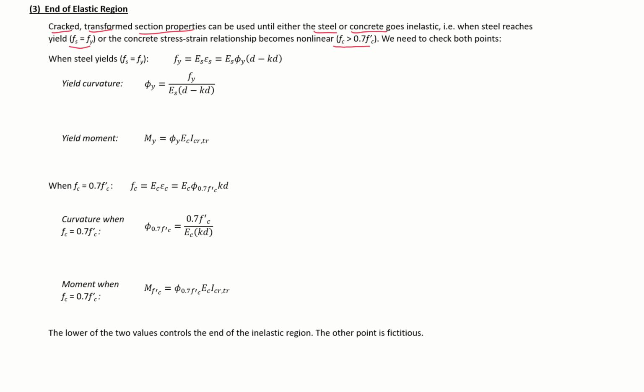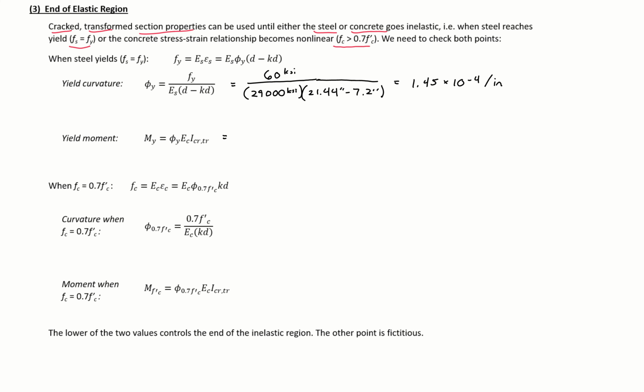So we'll find our yield curvature equal to our yield stress, 60 ksi, divided by our steel modulus, 29,000 ksi, times d minus KD, 21.44 inches minus 7.2 inches. So we'll get a yield curvature equal to 1.45 times 10 to the negative fourth radians per inch.